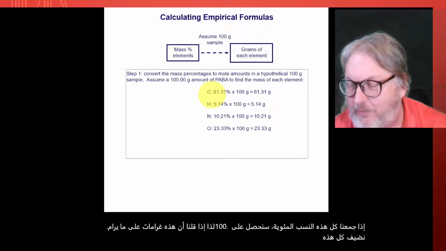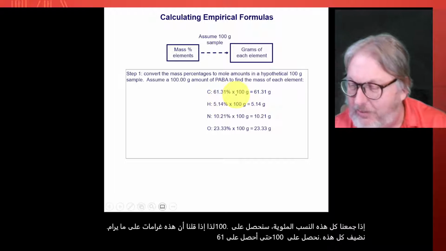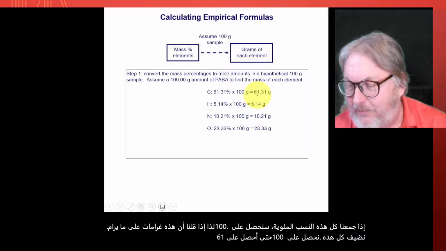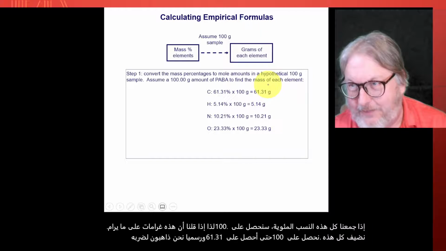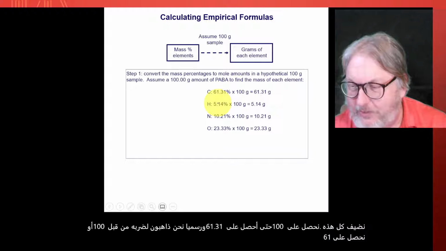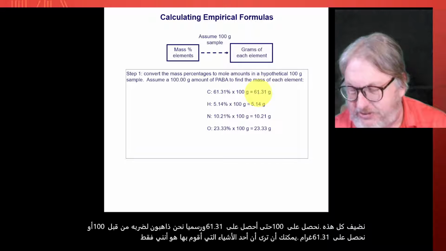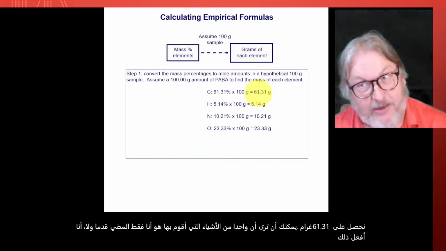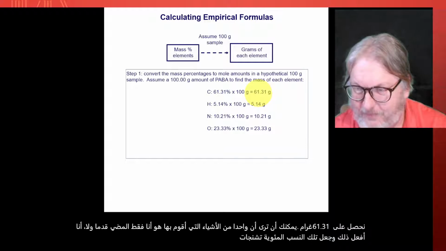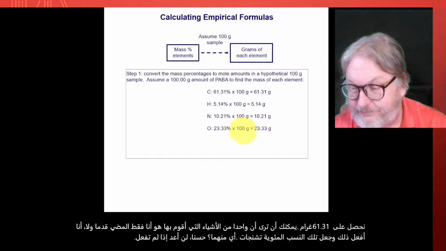So I get 61.31, and formally, we're going to multiply it by 100, or we get 61.31 grams. You can see that one of the things I do is I just go ahead and know I'm doing that and make those percentages grams. Either one's okay. I'm not going to count off if you don't. But make sure you understand what you're doing. That's the key.